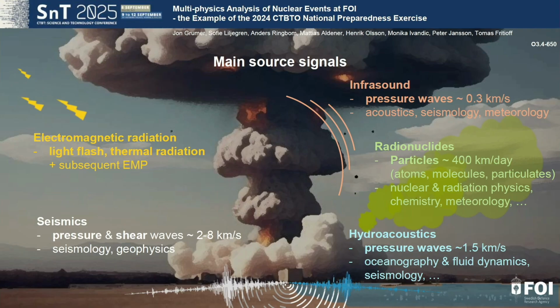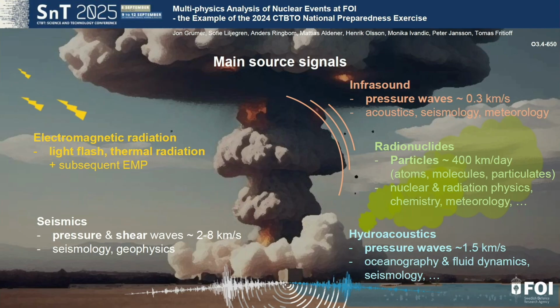Then we have radionuclides, which are particles in various forms, from the smallest atoms and nuclei via molecules up to amorphous compounds in particulates. To understand this type of signal carrier, you need to know about nuclear physics, of course, radiation physics, but also chemistry and meteorology and a lot of different things.